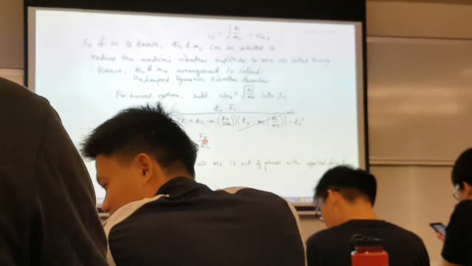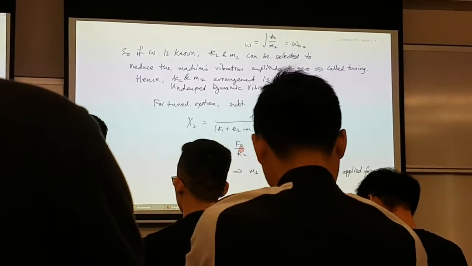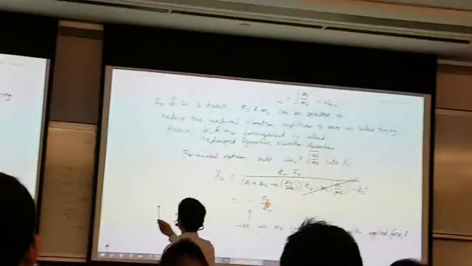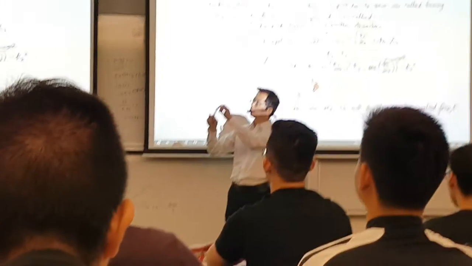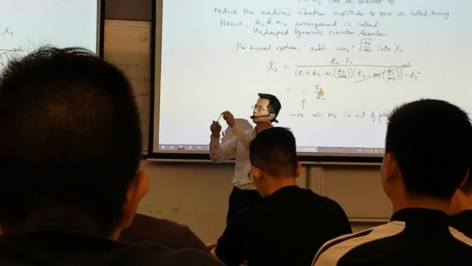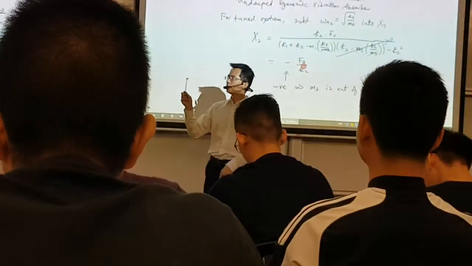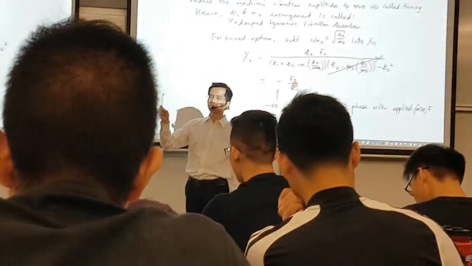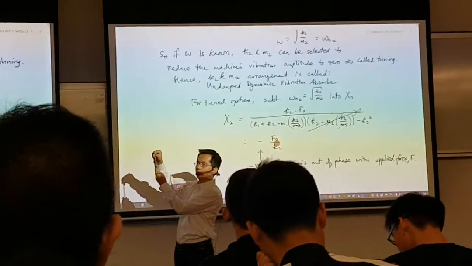So probably I'll do a demonstration. You can imagine this is the spring, and then I put on a paper clip over here. It's like the M2 mass. So this spring would vibrate kind of like this way.